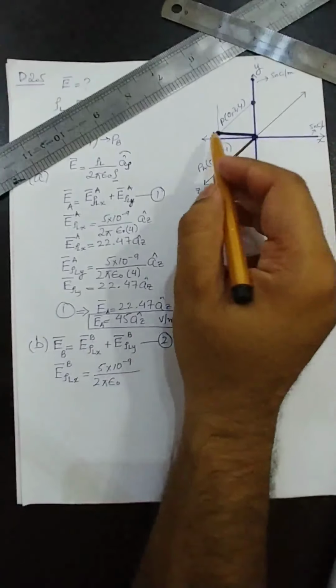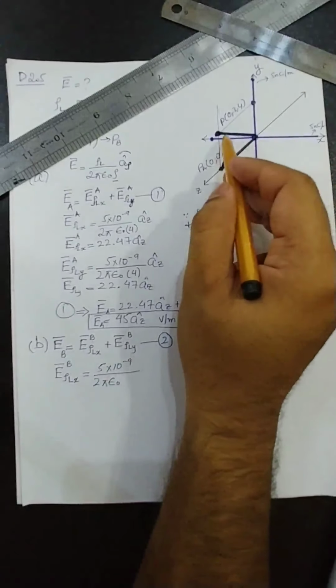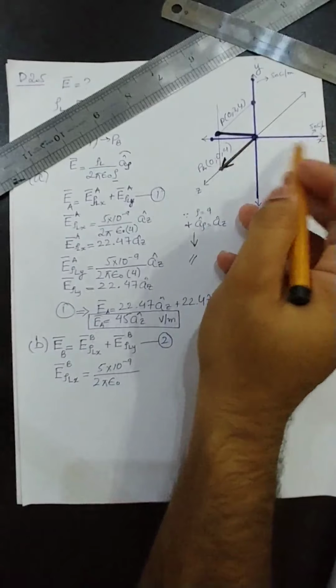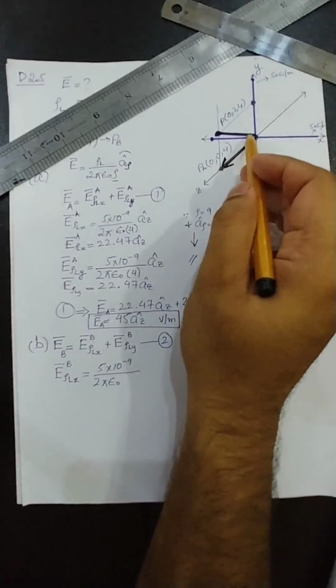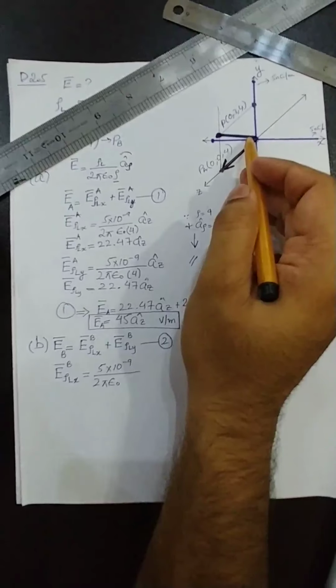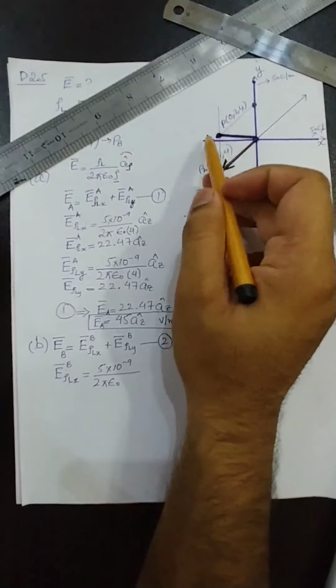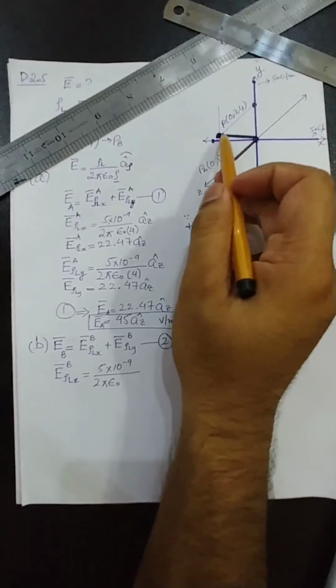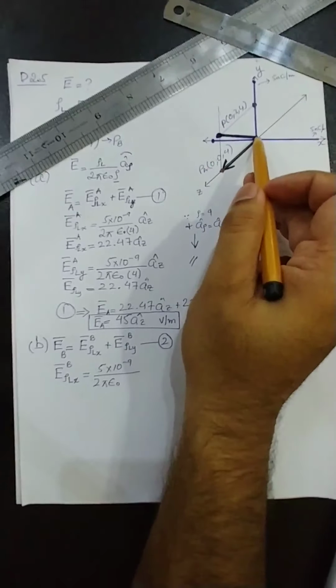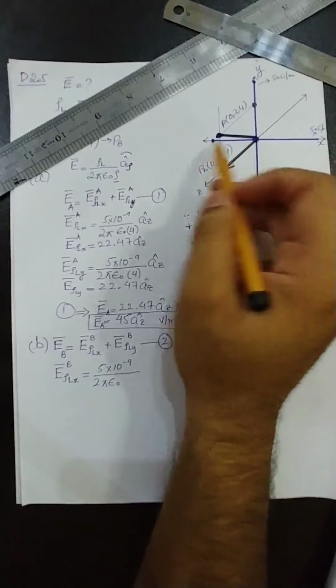Now this whole perpendicular line is lying on the x equals 0 plane. Something which is lying on the x equals 0 plane, or x equals constant plane, will definitely be perpendicular to the x-axis.